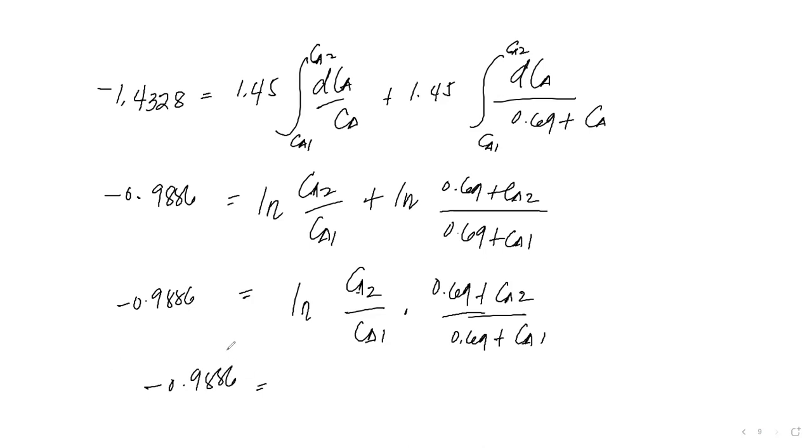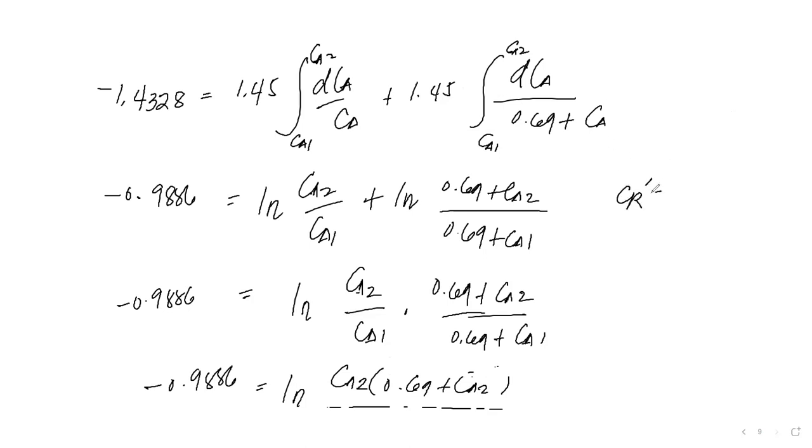Okay, so I have ln of Ca2 times 0.69 plus Ca2 over Ca1. Ca1, we need to know. So we need to know Ca1. Sorry.